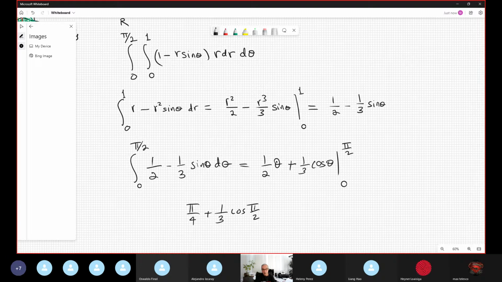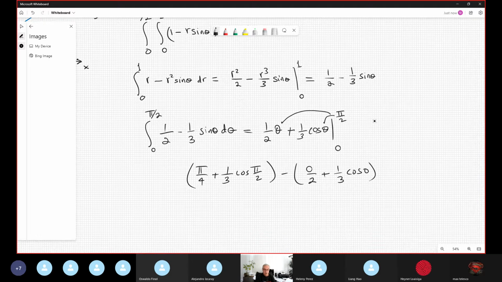You evaluate here pi/2. Okay, cool. Minus 0 over 2 plus 1/3 cosine 0. Well, cosine pi/2, you know, is 0. And cosine 0 is 1. And this is also 0. I stay alive only pi/4 minus 1/3. Fantastic. This is the volume for that figure.